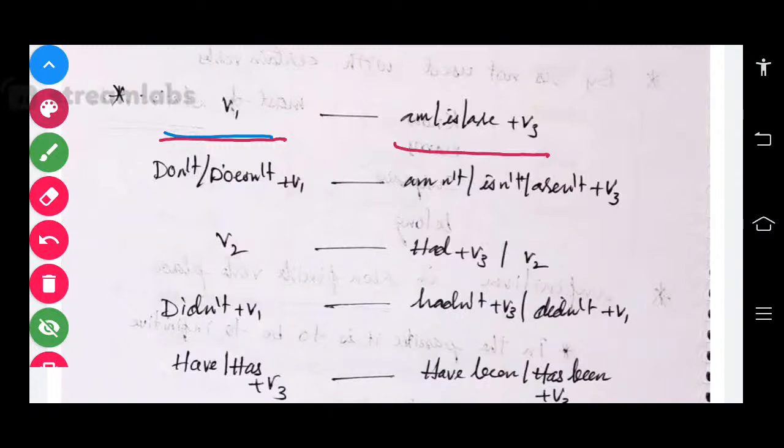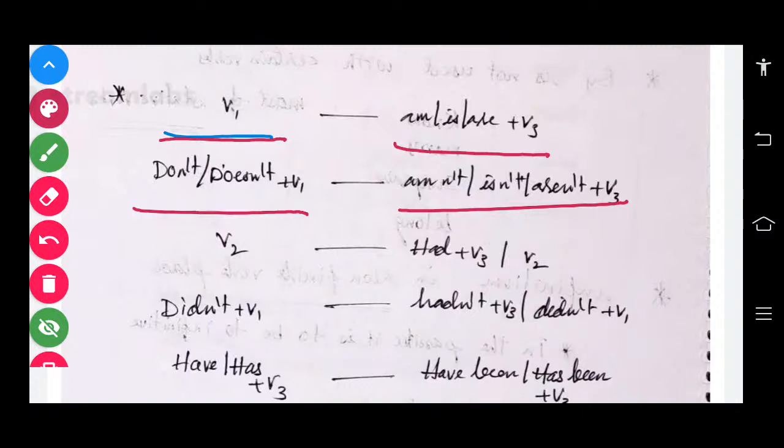So I wrote notes, notes is written. And if there is don't or doesn't plus V1, it is to be used like am not, isn't, or aren't plus the third form of the verb. That is what I told.